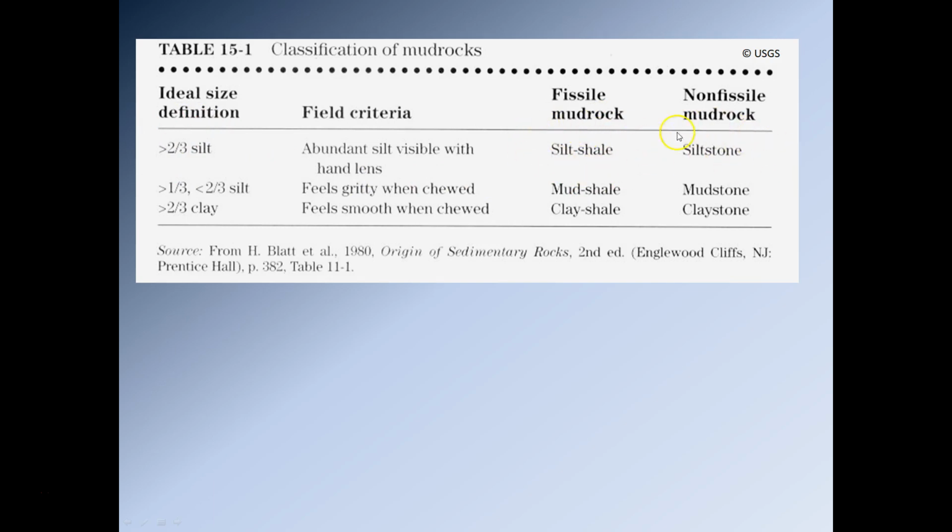If it's non-fissile, it's going to be a siltstone. If it has between 1/3 and 2/3 silt, it's going to be a mud shale or a mudstone, depending whether it's fissile or non-fissile. And that's it. Once you've worked out what the clast size is, essentially you have 6 possible options to choose from. It's a relatively simple classification scheme, but it works.